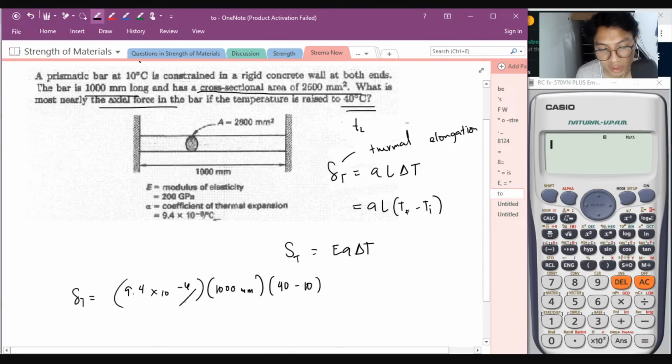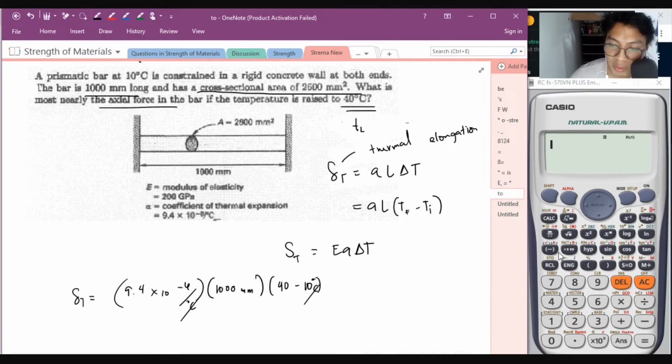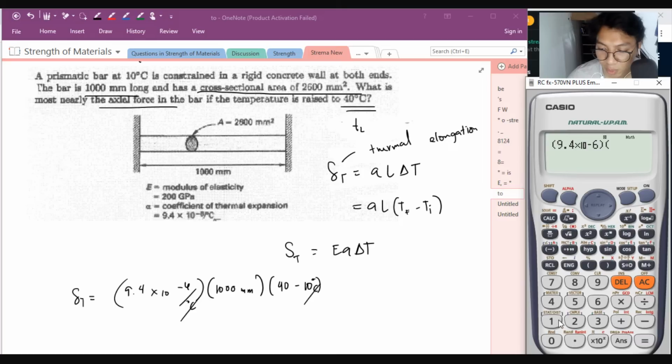The degrees Celsius cancel. So we have 9.4 times 10 to the negative 6 multiplied by 1,000 times 30. The answer is 0.282 millimeter.